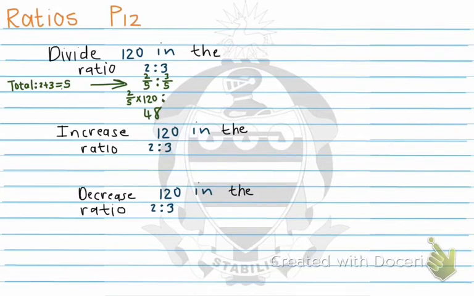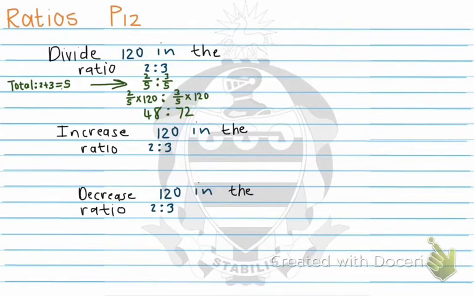The other person will get 3/5 of 120. So 3/5 of means multiplication, 120, and if you work that out with your calculator, you will get 72. All right, so there we have divided 120 in the ratio 2 to 3.